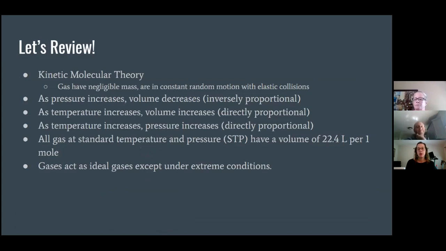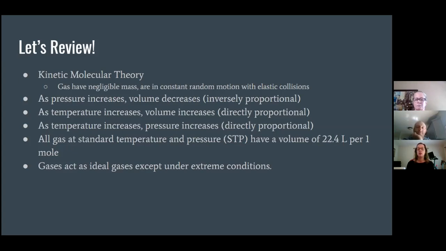And we're just going to review really quick. The first thing we said was the kinetic molecular theory. Gases have a negligible mass, they're in constant random motion, and they have elastic collisions. We looked at the relationship between pressure and volume. They're inversely proportional. As pressure increases, volume decreases. We looked at the relationship between temperature and volume. As temperature increases, volume increases. That's directly proportional.